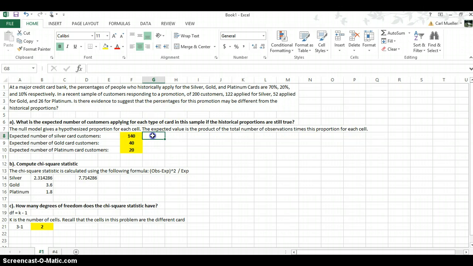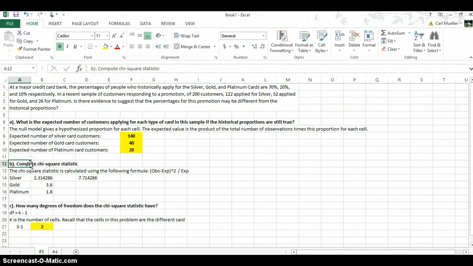So 140 for silver. Similarly, 0.2 times 200, 40 for gold. And lastly, for platinum, 20, because it's 0.1 times 200. 0.1, see 10% over here for platinum cards. That's the expected value, the expected proportion based on historical proportions.